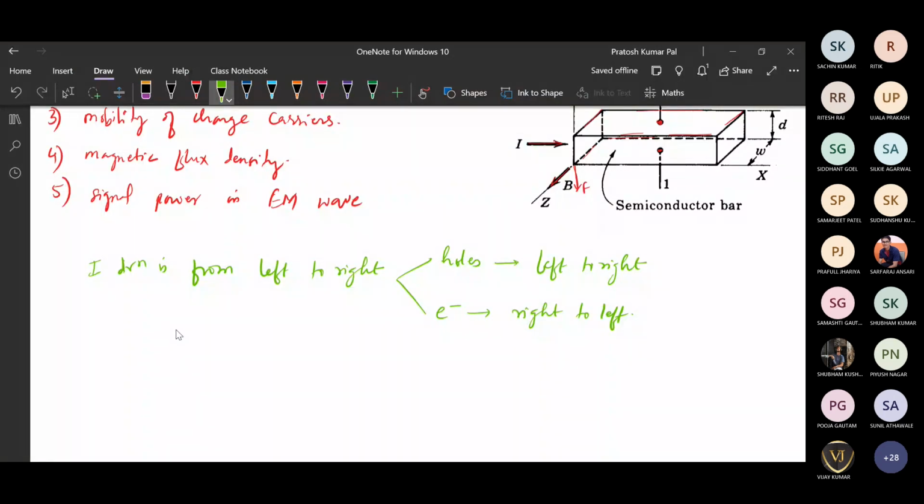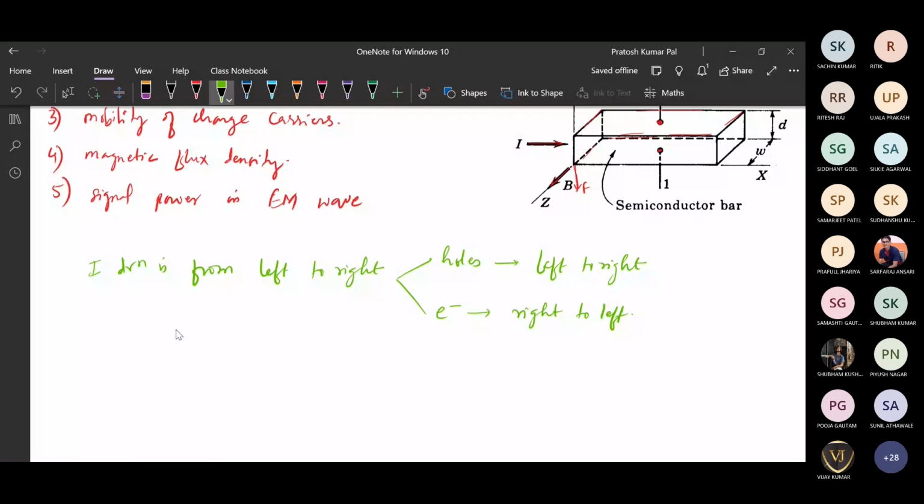Okay, so here if the electron is the charge carrier, then the force will make it move to surface 1. If the electrons are accumulating on surface 1, then surface 1 will be negatively charged with respect to surface 2.